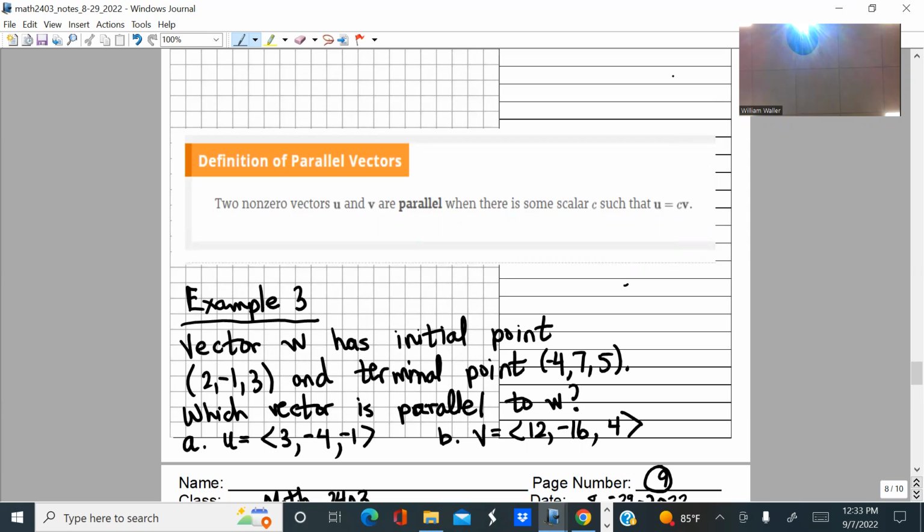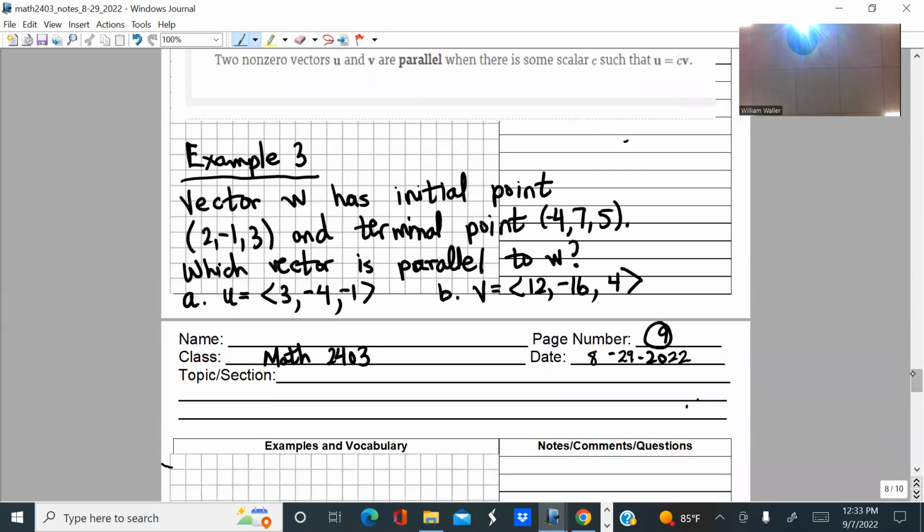So if you can multiply one of them by a scalar, a number, to get the other vector, then you know those two vectors are parallel, right? The scalar can be negative, so don't forget that. You can have vectors pointing in opposite directions, and you can still consider them parallel. Vectors don't have to be pointing in the same direction to be parallel.